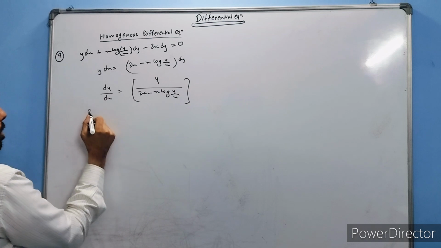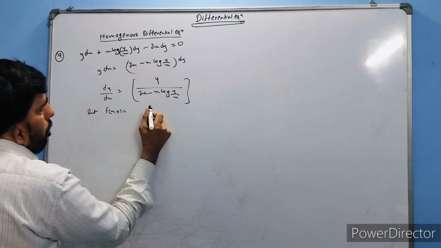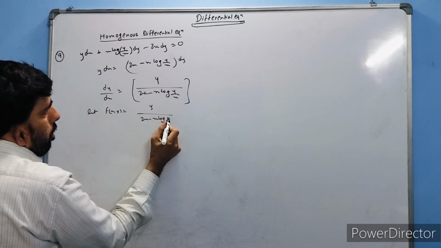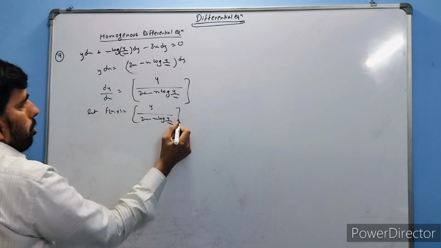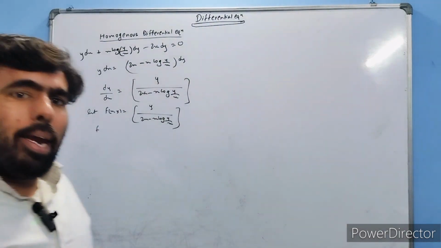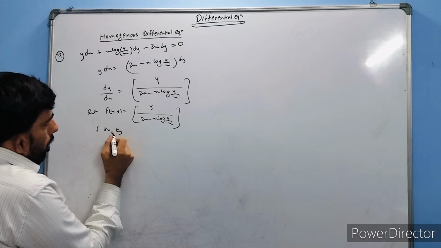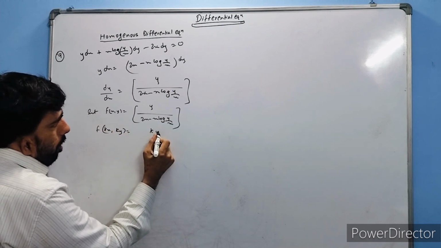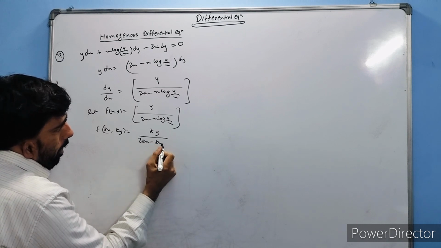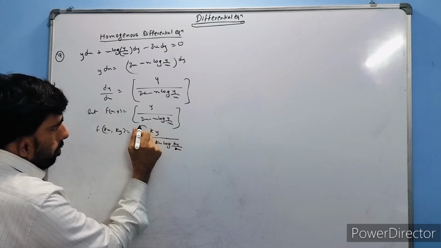So now let f(x,y) = y/(2x - x log(y/x)). Now consider, replace x by kx and y by ky. So f(kx,ky) = ky/(2kx - kx log(ky/kx)).